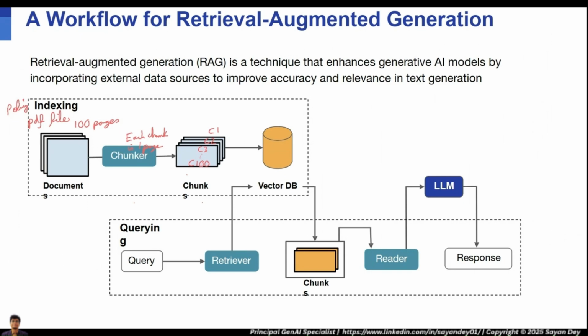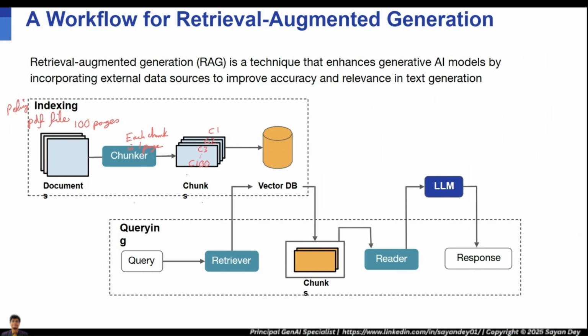Chunk four is the whole text present in page four, right? So every chunk is ultimately text.